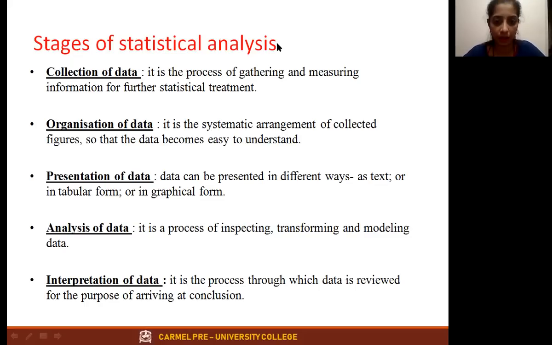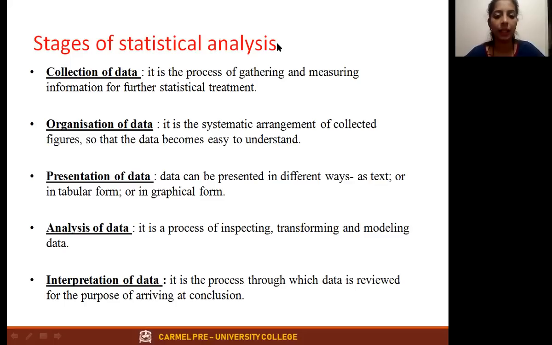There are different methods of collecting data. Primary means you go to the field and collect whatever information is required. Secondary data means data which is already collected.